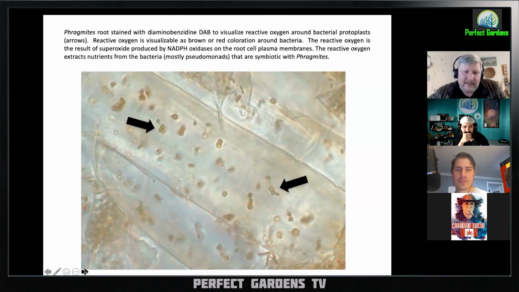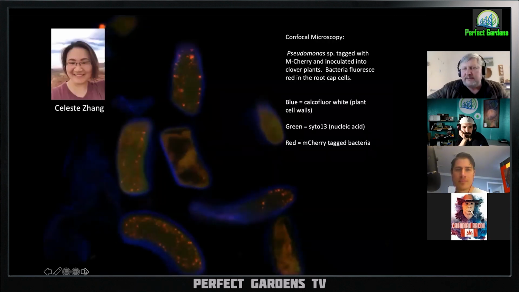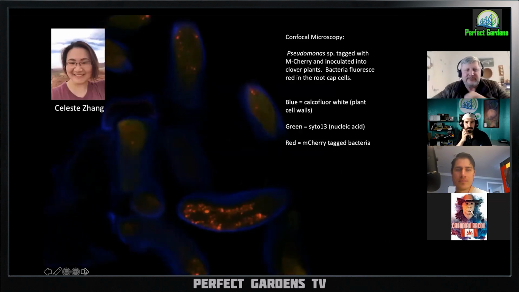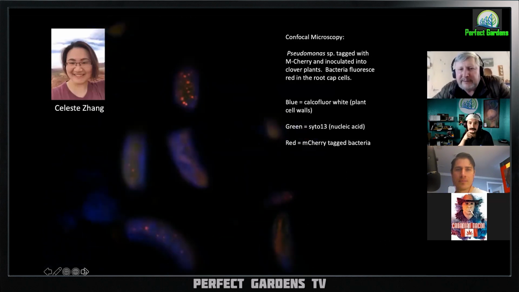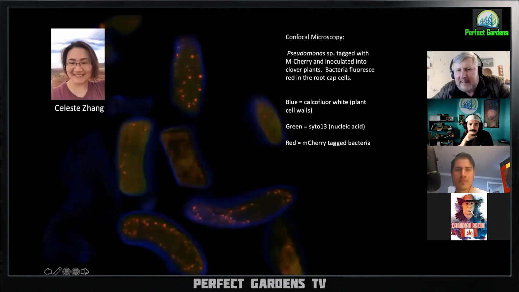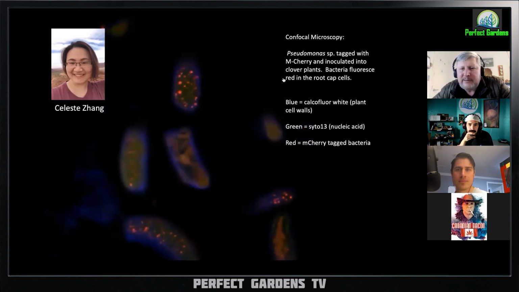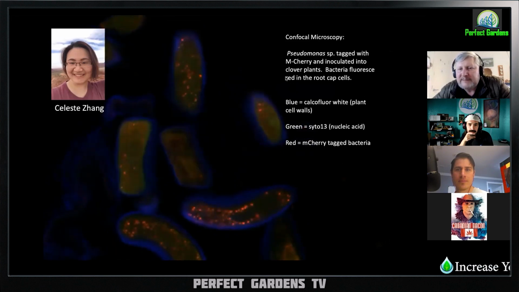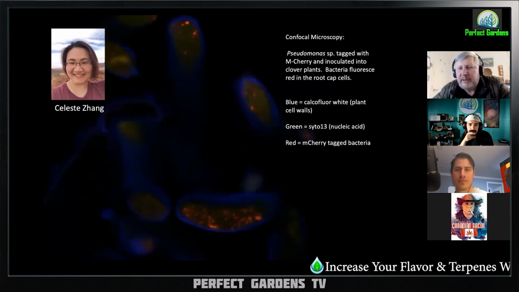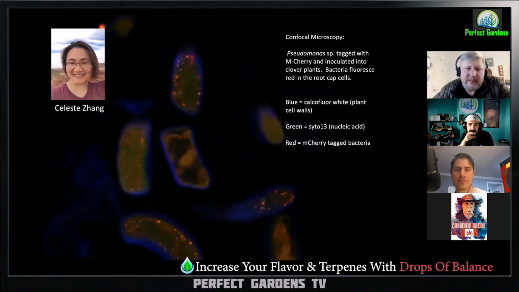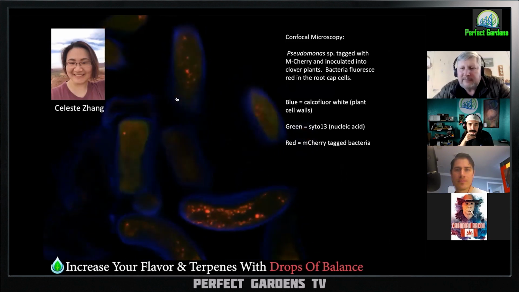Now this is one of my graduate students, Celeste Song, and she did one of these tagging studies. She took a Pseudomonas and tagged it with a fluorescent stain called mCherry, and then put it under the confocal microscope and examined it.